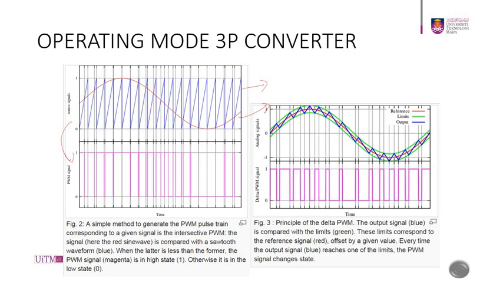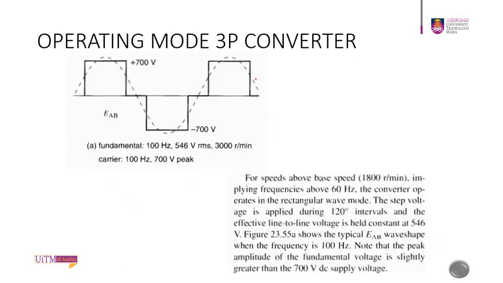So for this, we will look at some examples, operating on the three-phase converter. In this example, you have this criteria: your fundamental is 100 hertz, 446 volt RMS, running at 3000 RPM, and the carrier will be 100 hertz, 700 volt peak. For this example, the speed is above the base speed.